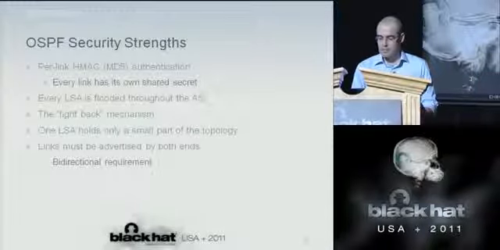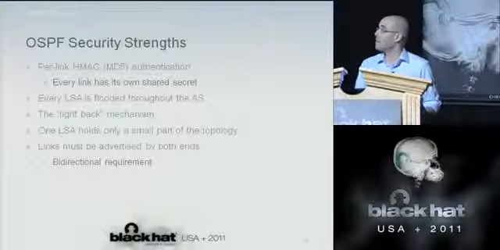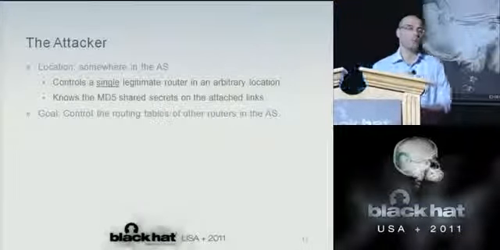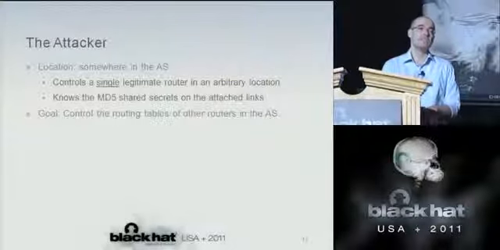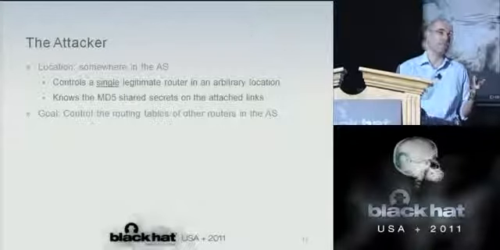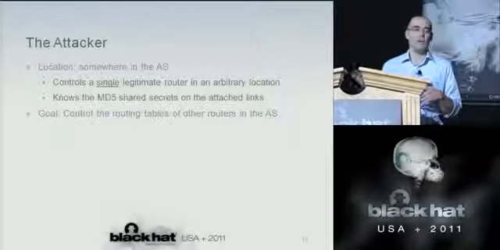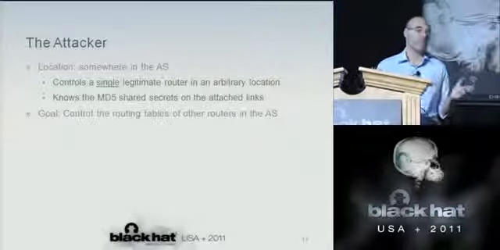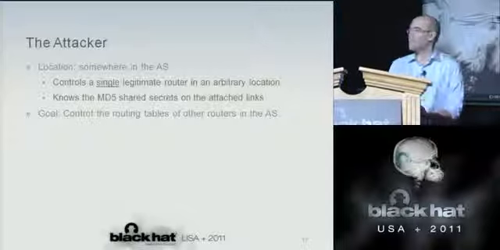Okay, so these were the security strengths of OSPF. And let's talk about the attacker. Now, the attacker is assumed to be somewhere in the autonomous system. It doesn't have to be in a certain location, or very central, or well connected. We assume that the attacker is somewhere in the autonomous system at an arbitrary location.